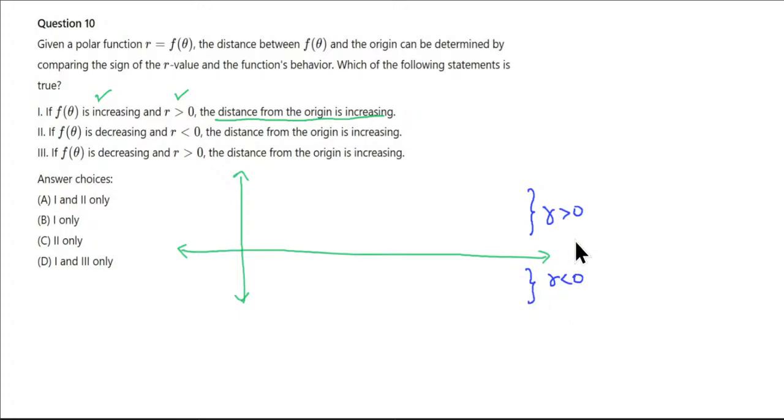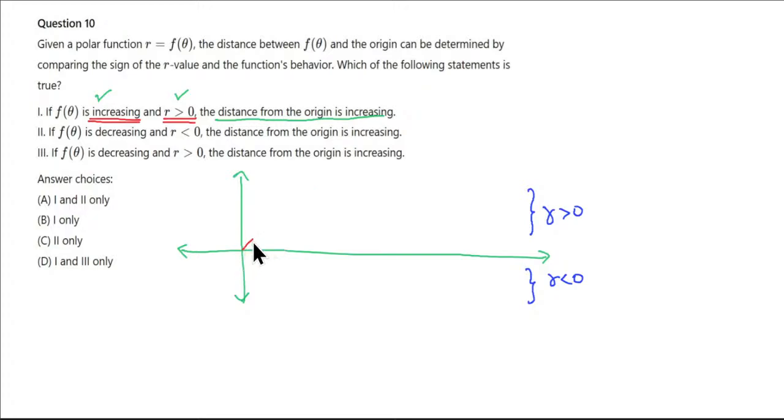The other thing I'll explain as I solve this question. Now, we very well know what an increasing function is. So if I have to make an increasing function with a positive r, and positive r is above the x-axis, don't you think the function should look like this, something like this?